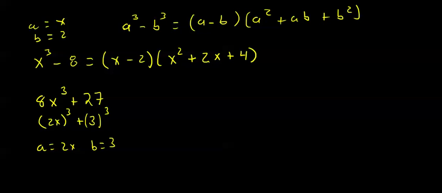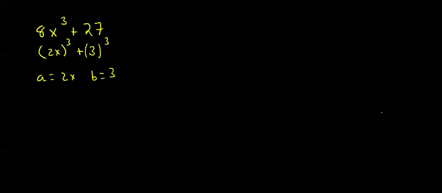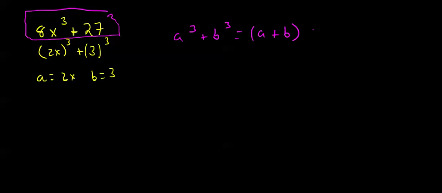So when we factor it, remember this is what we're factoring. We have a cubed plus b cubed equals a plus b times the quantity a squared minus ab plus b squared. So a is 2x, b is 3.